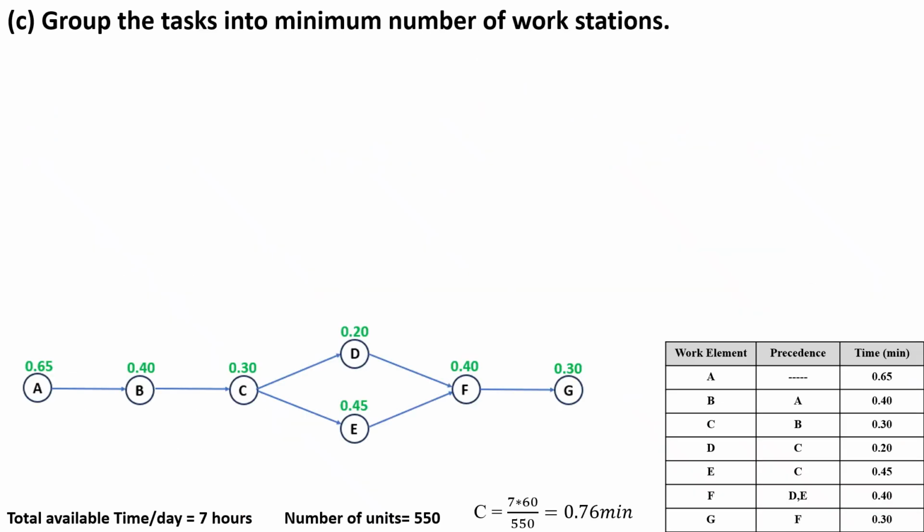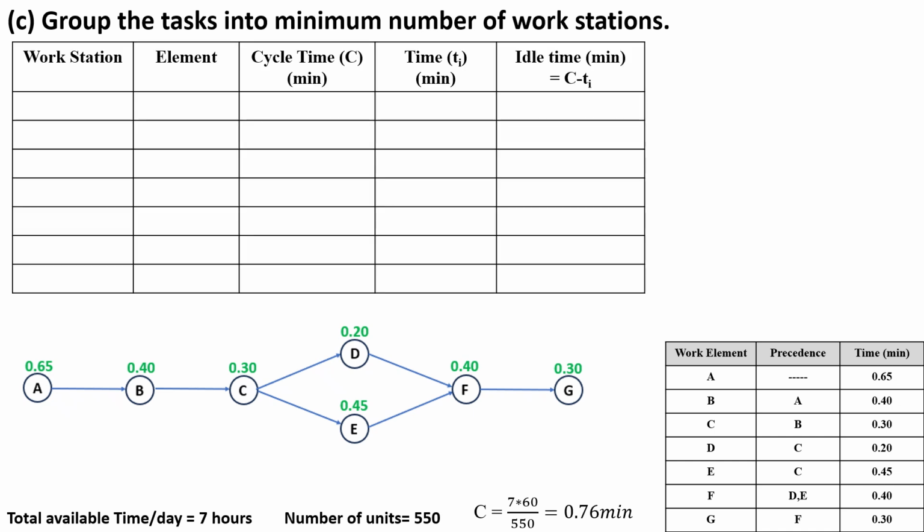Next question is, group the tasks into the minimum number of workstations. For this, draw a tabular column consisting of the columns workstation, element, cycle time C, task time Ti, and idle time, cycle time minus task time, that is C minus Ti.